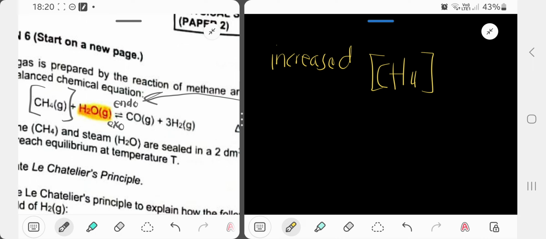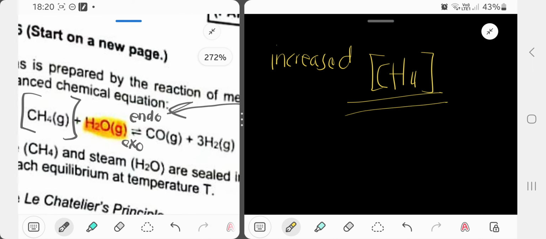The only way he can reinstate it is by favoring the side that opposes the disturbance. The disturbance is this increase in concentration. So Le Chatelier will try to decrease this guy because he's the one disturbing the equilibrium.